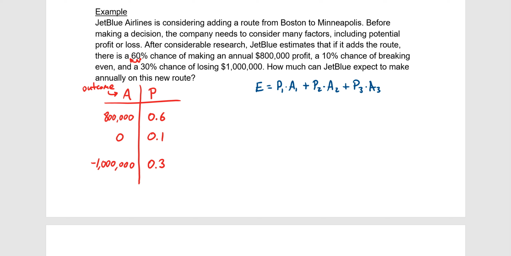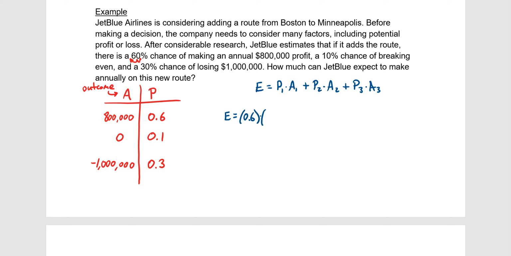Let's go ahead and plug all these values in now. The expected value: P1 is 0.6. That's the probability. Order doesn't matter though.